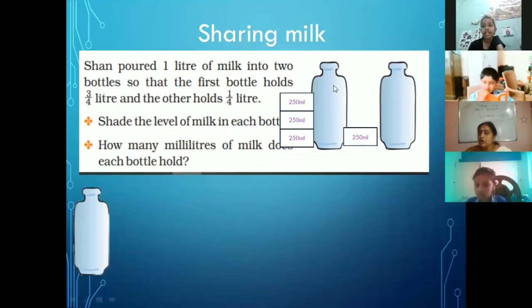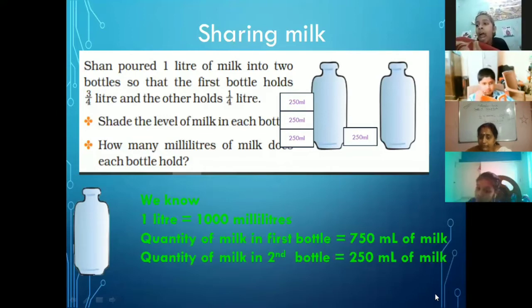The first bottle holds 750 ml. The second bottle holds 250 ml. So the quantity of milk in the first bottle is 750 ml and in the second bottle is 250 ml. Okay.